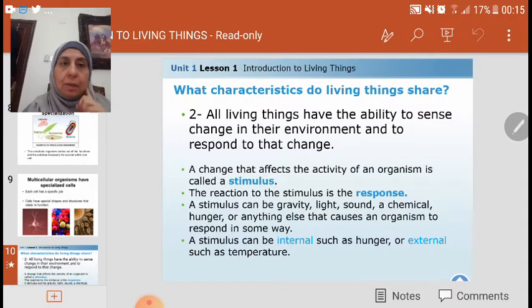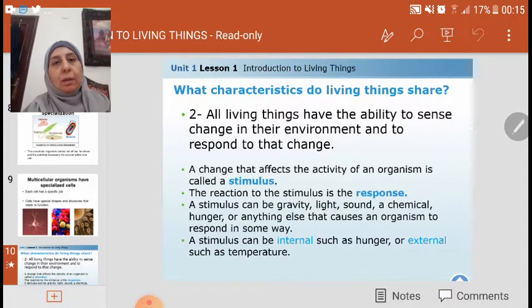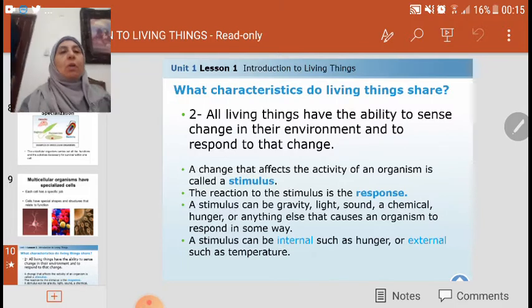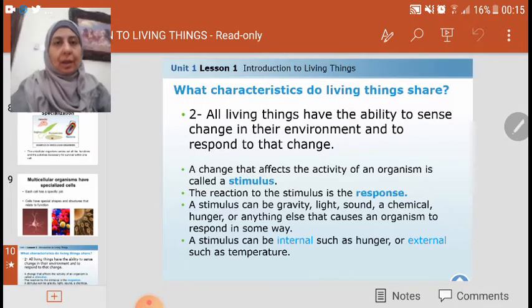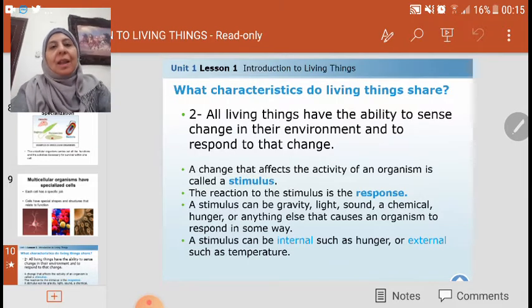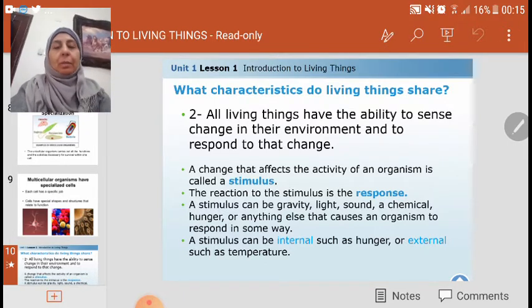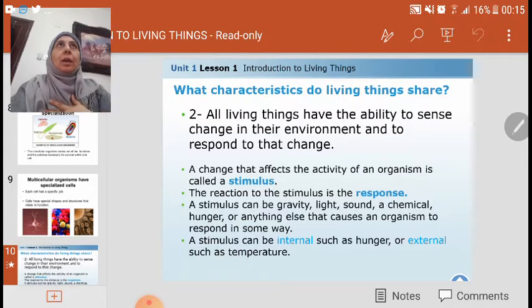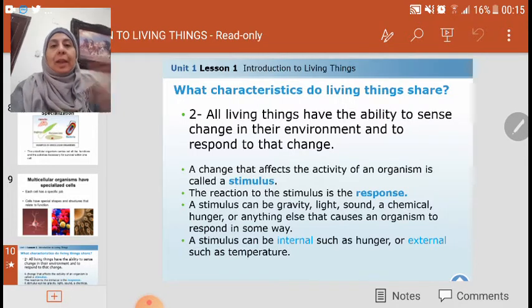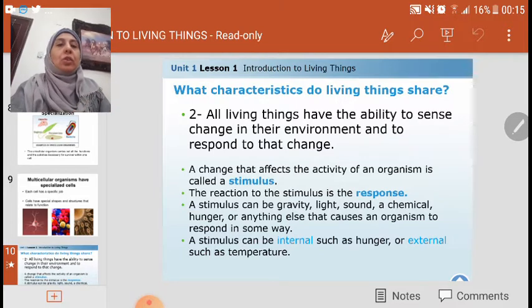Any change in the environment can affect the activity of the living thing. We, as living things, interact with our environment. We are affected by any change in our environment. All organisms react to the changes in their environment.